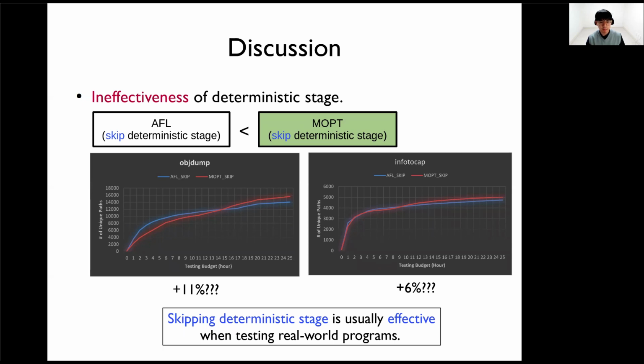So anyway, based on my personal experience, the inefficiency of the deterministic stage is very clear when testing real-world programs. So if you are interested in mutation-based fuzzing, consider skipping this deterministic stage.